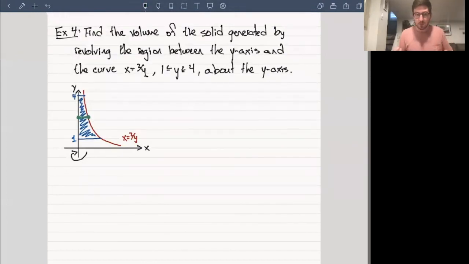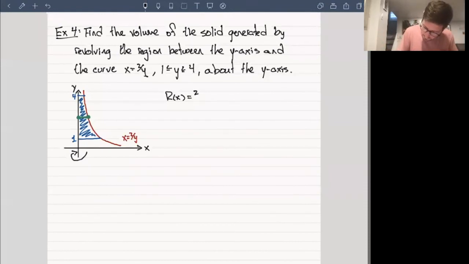So the question is, what is my radius? Well, r in this case goes from x equal to 0 all the way out to x is equal to 2 over y. So it's exactly the same as the first example we did. The only thing that changed is that I put things in terms of y instead of in terms of x.